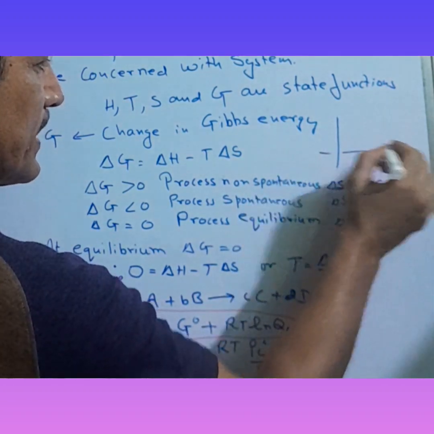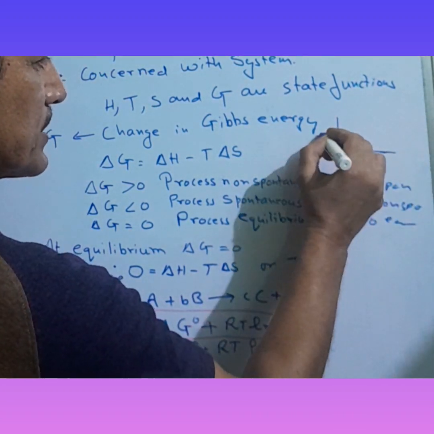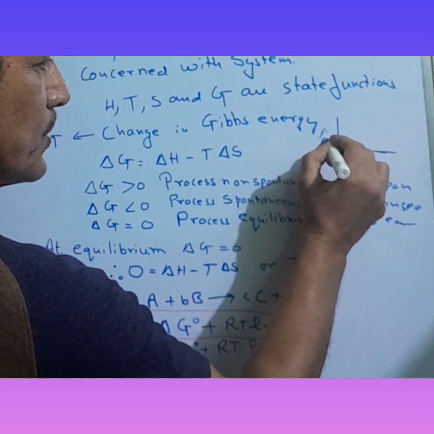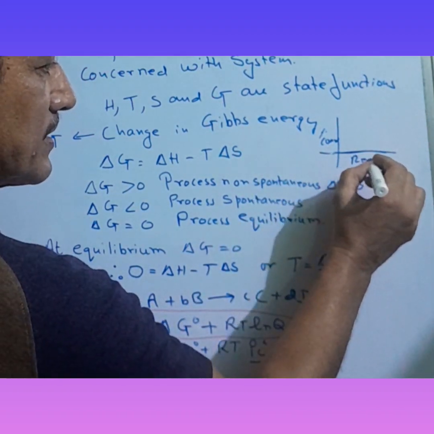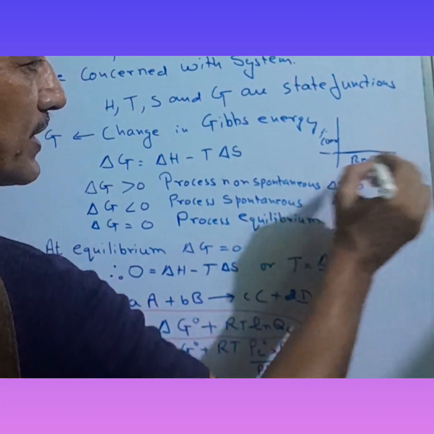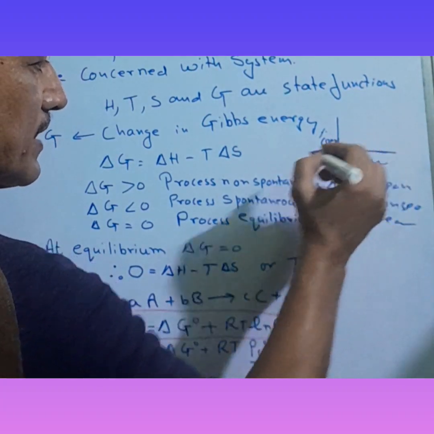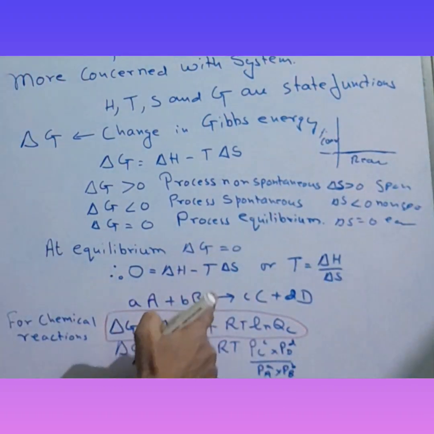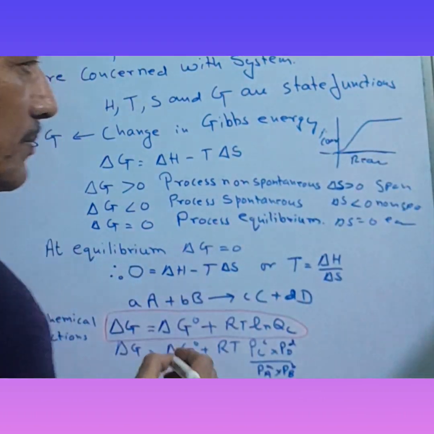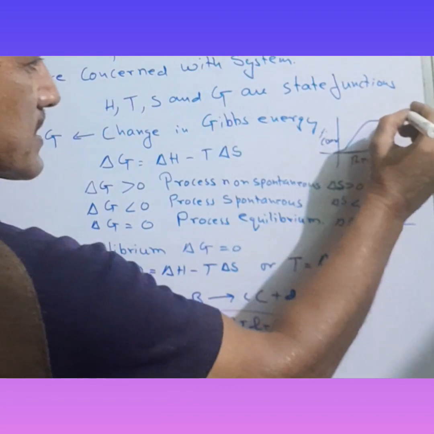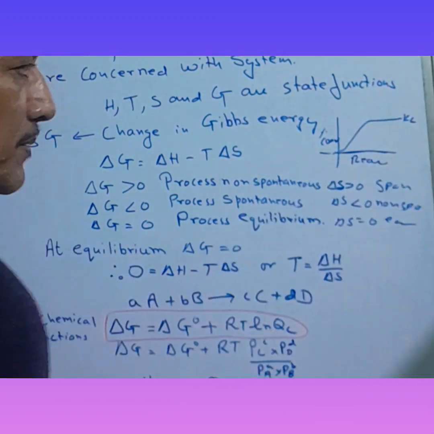Suppose a reaction is progressing and it reaches equilibrium, so this is Kc, the equilibrium constant.